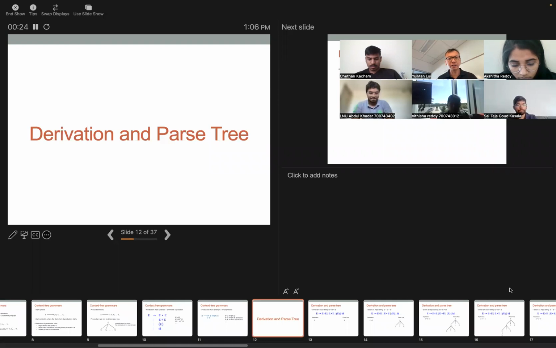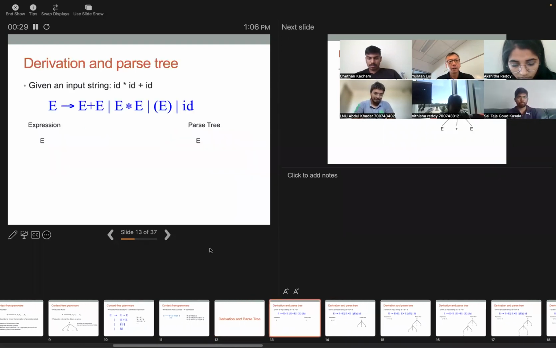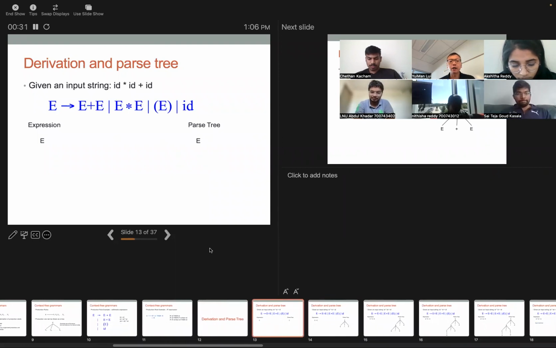Variation and parse tree. All right, so like I said, your derivation can be represented by a tree. Now, given this grammar, E goes to E plus E, or E times E, or parenthesis E, or ID, and the input is ID times ID plus ID.